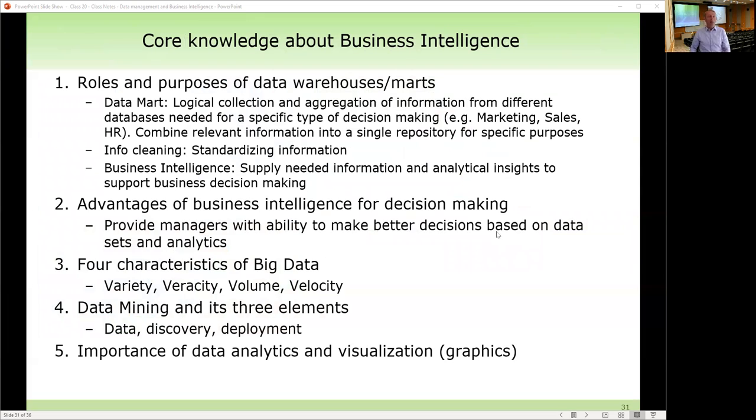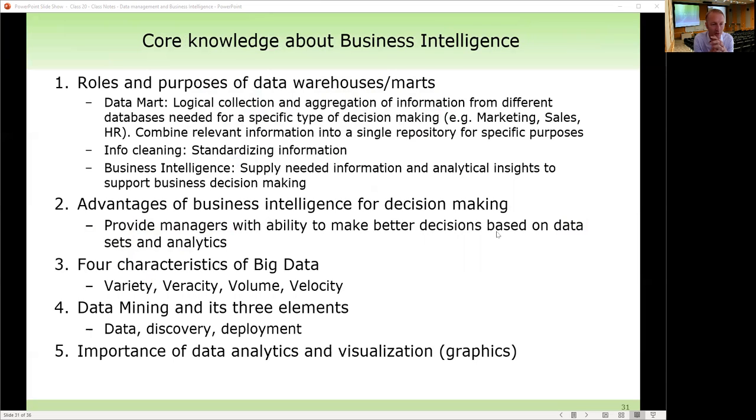Now, to wrap things up, if we want to summarize some of the core knowledge about business intelligence to get an overview, normally we are talking about the roles and the purposes of a data warehouse. So what is that? A data mart, for instance, or a data warehouse, is a logical collection and aggregation of information from different databases needed for a specific department or specific type of decision.